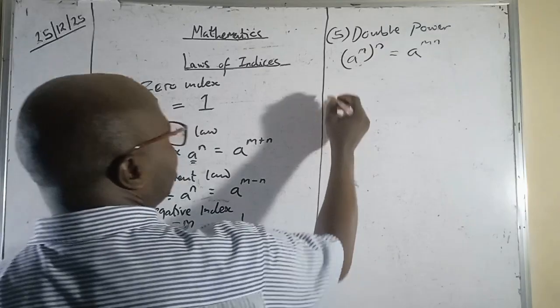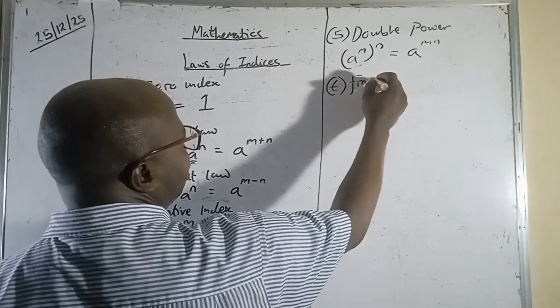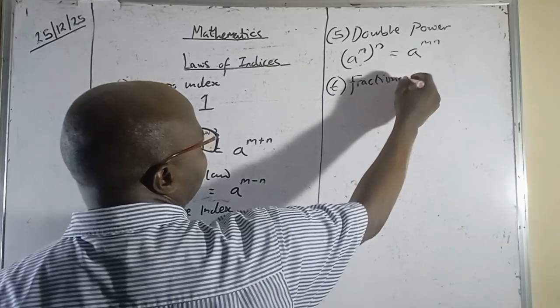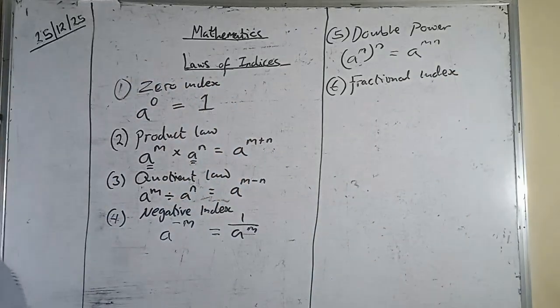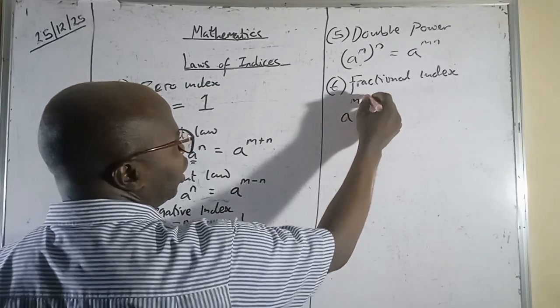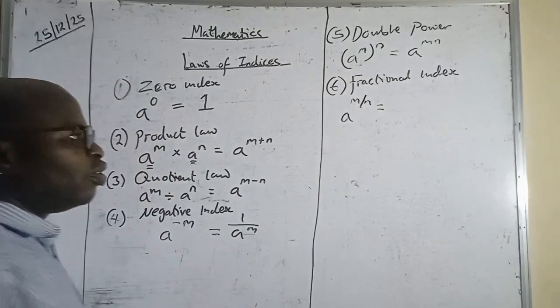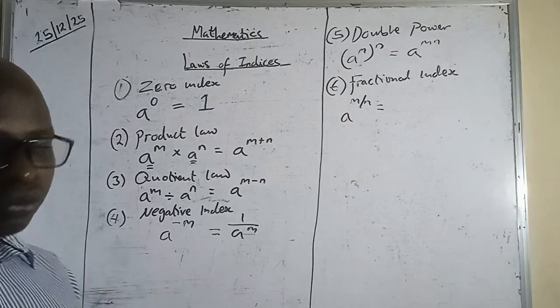And the last one is the fractional index. What I would like you to know under fractional index is you have something raised to a power that is a fraction, and when that occurs, that tells you that you are going to have a root.